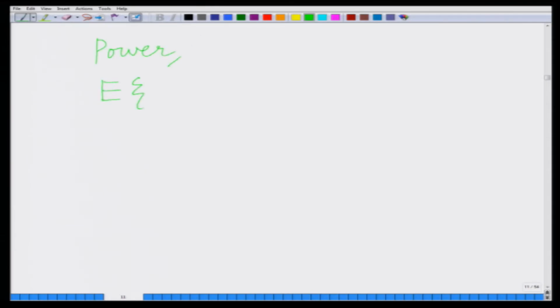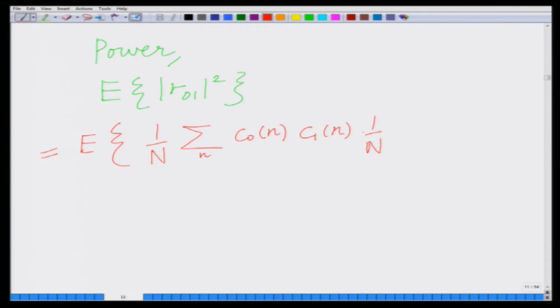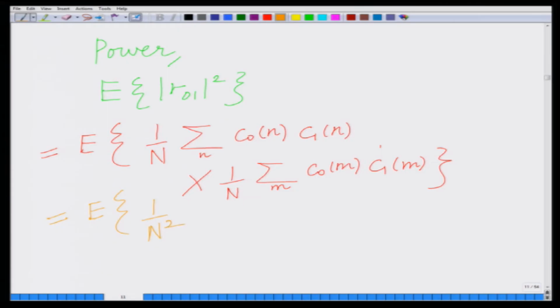It depends on the expected value of R 0 1 square, which is equal to the expected value of 1 over n summation over n c naught n c 1 n times 1 over n summation over m c naught m c 1 m, which is equal to the expected value of 1 over n square summation over n summation over m c naught n c 1 n c naught m c 1 m.